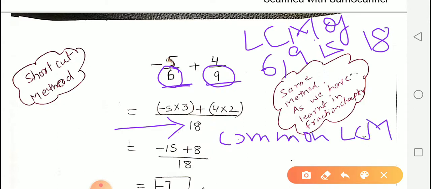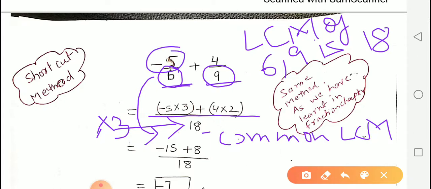Now see what we do in the numerator. We see by which number we multiply 6 so that we get 18. We multiply 6 by 3 and get 18. For the numerator, that is negative 5, we multiply by the same number. Here is a plus sign, so we write plus.